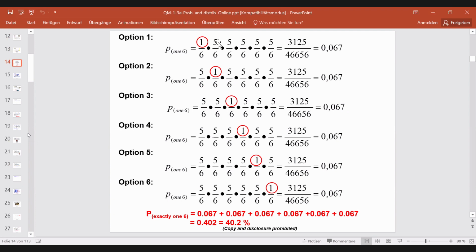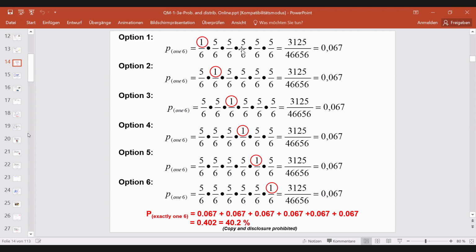Then you get 5 to 6 as the probability to get no six in the second throw, no six in the third throw, and likewise in the fourth, fifth, sixth throw. So this is a multiplication of the probability to get a six in the first throw and no six in the other throws.